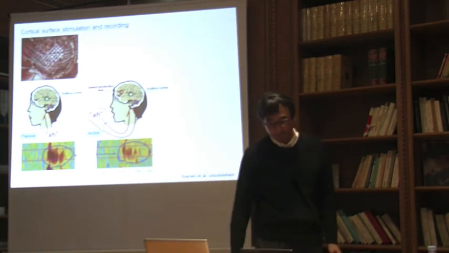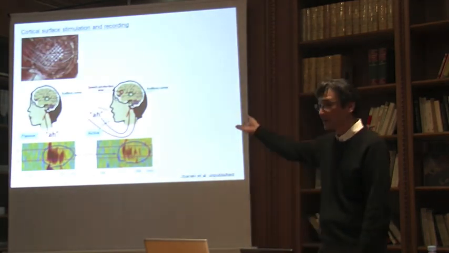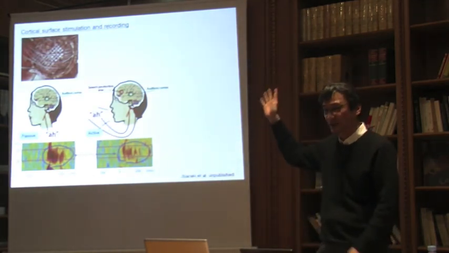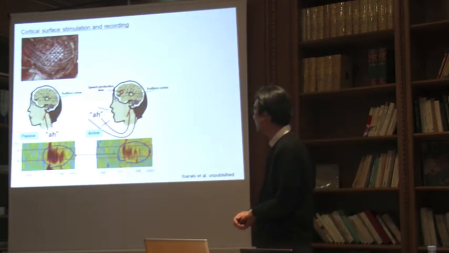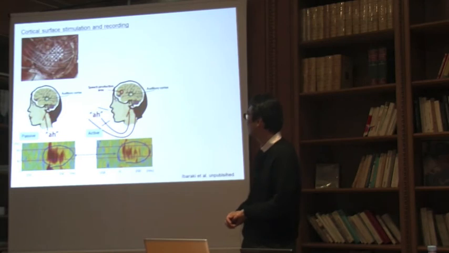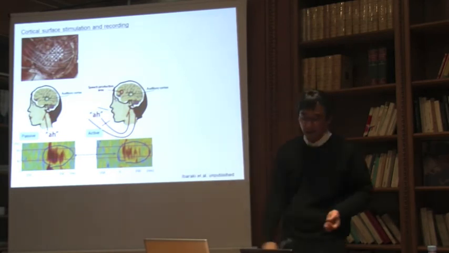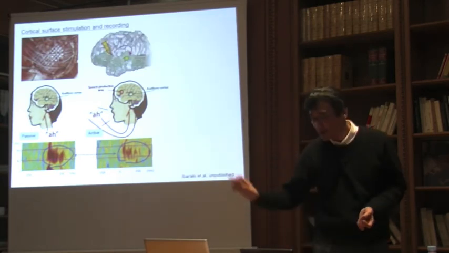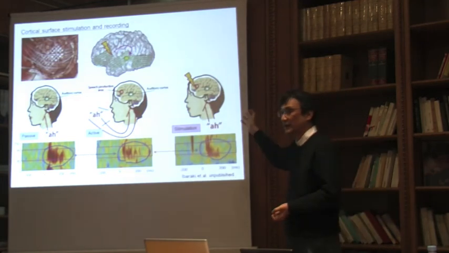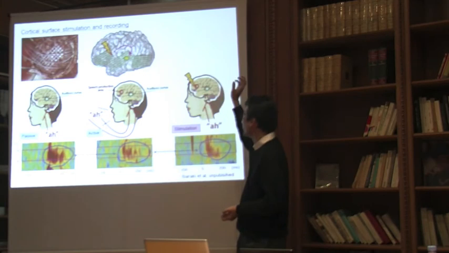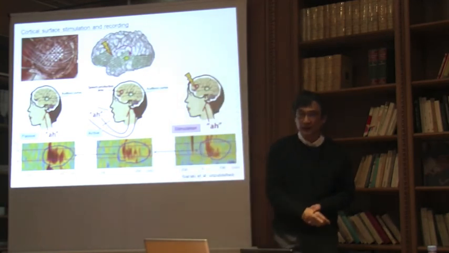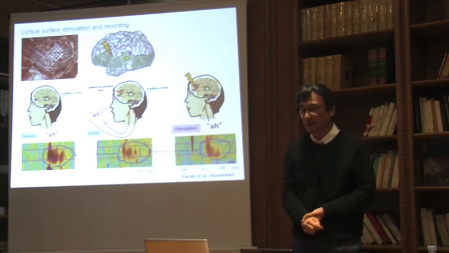Well, this has been associated with some sense of agency. But then, in the next condition, subjects listen to their own voice. And before the onset of this recorded voice, we gave stimulation over Broca's area using cortical microstimulation.